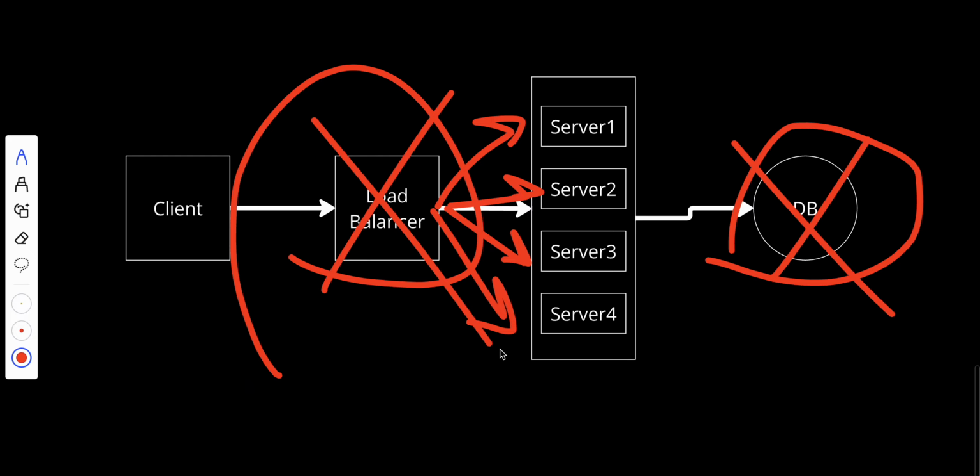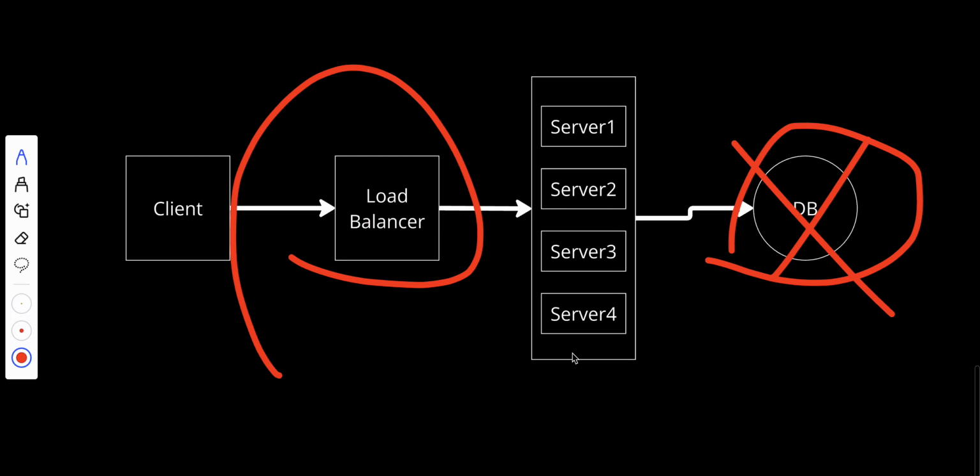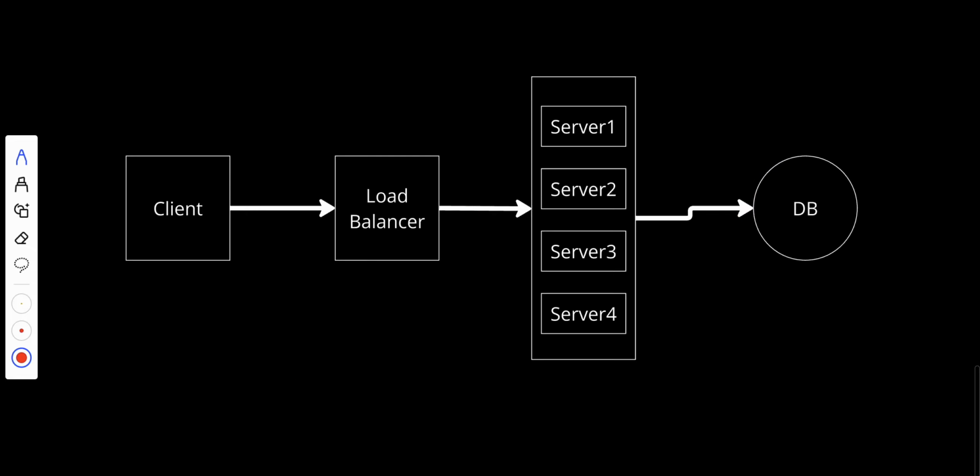So the request will never reach our web servers, and our system will stop functioning. These are the two single points of failure in our system, and we will talk about how to fix them.